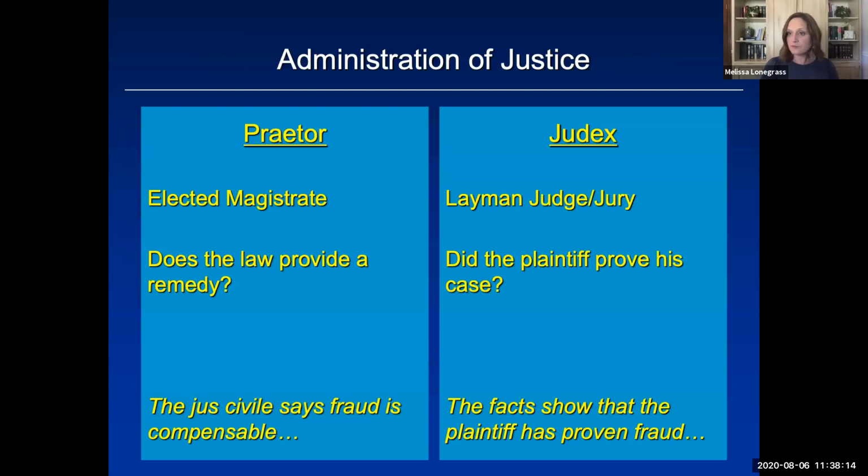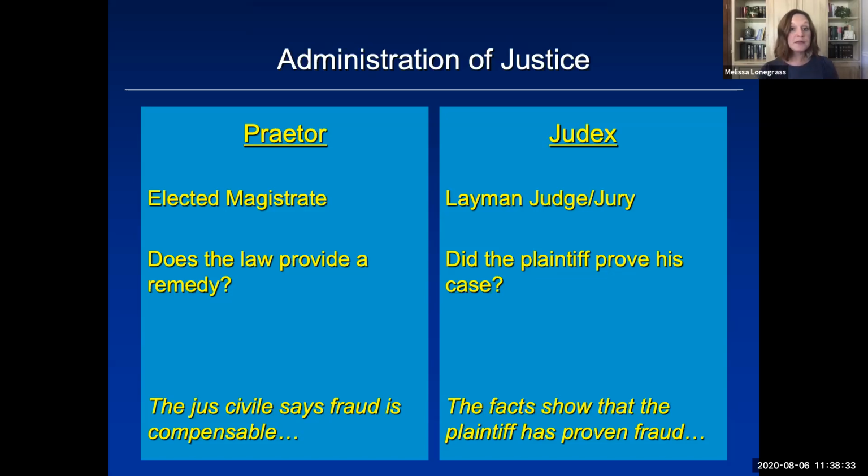So, the system for administration of justice in the preclassical period involved three primary legal actors. The first two were the praetor and the iudex. The praetor was an elected official whose job it was to apply the law in civil disputes.